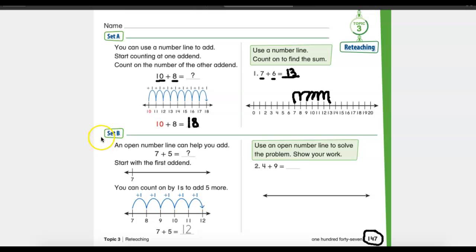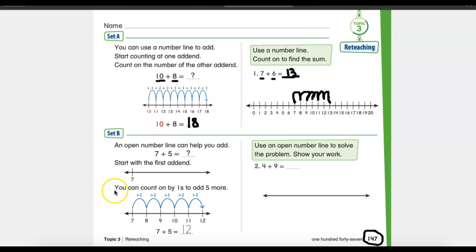Now let's look at set B. Set B says an open number line can help you add. The equation it gives us is 7 plus 5 equals blank. It tells us to start with the first addend when working with an open number line.